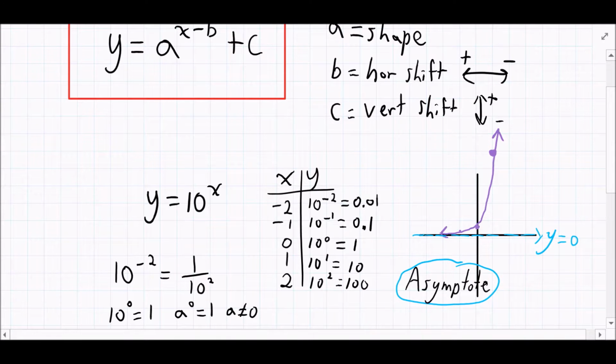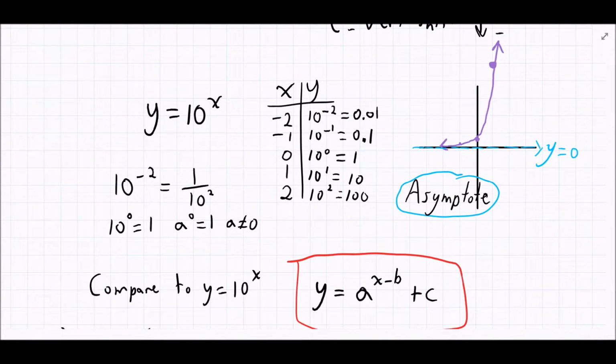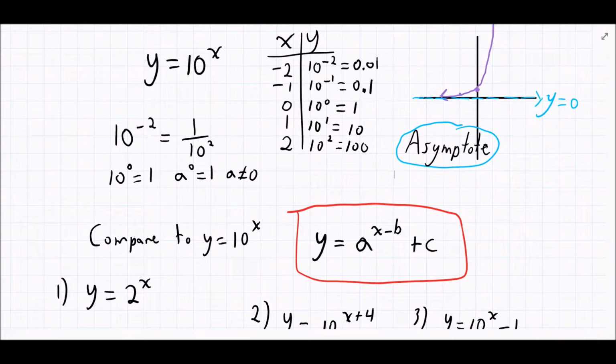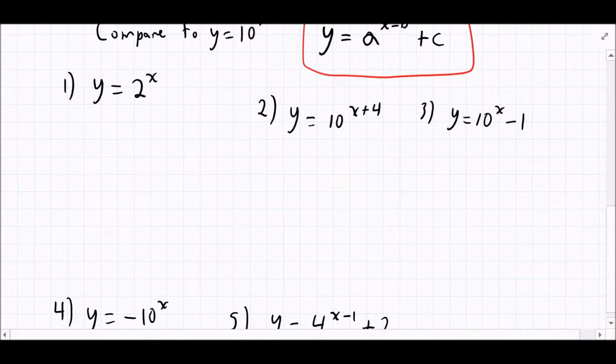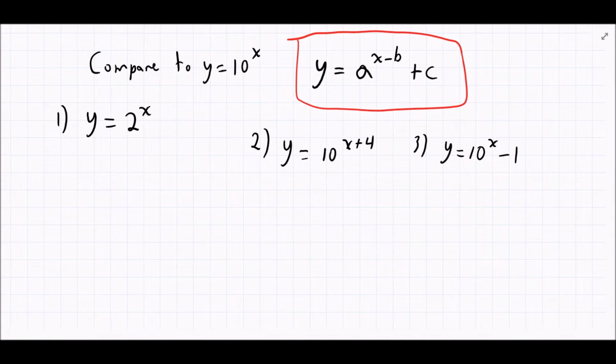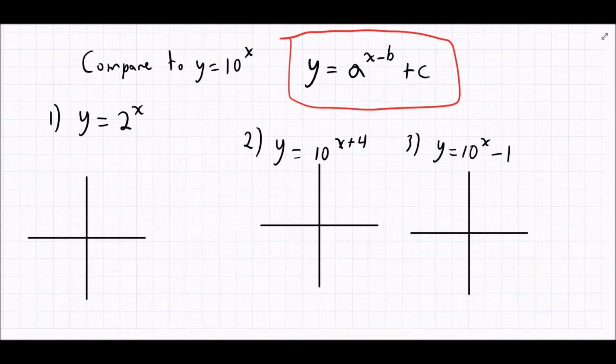Alright, let's try a couple examples. So let's do it when we're comparing it to y equals 10 to the x. And remember, in general, y equals a to the x minus b plus c. So the first couple we'll do here, let's start with y equals 2 to the x. This time I'll use the squares 1 to 1. So 2 to the power of 0 is 1. 2 to the power of 1 is 2. 2 to the power of 2 is 4.